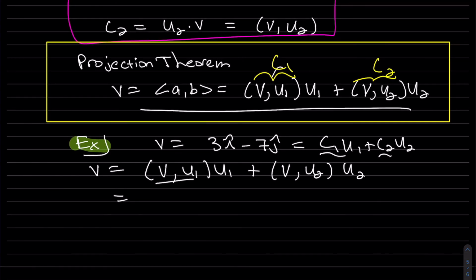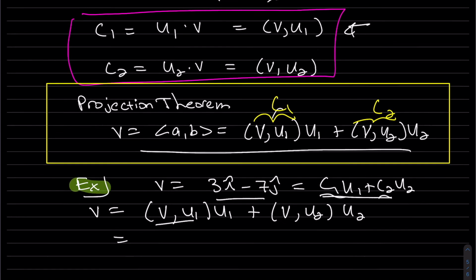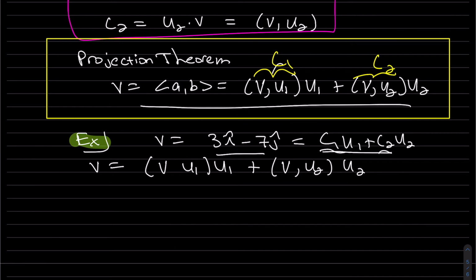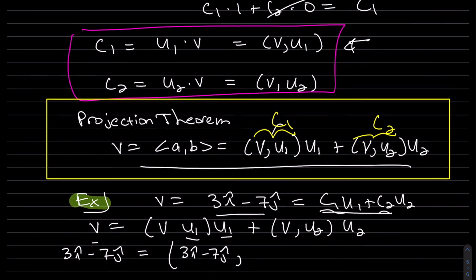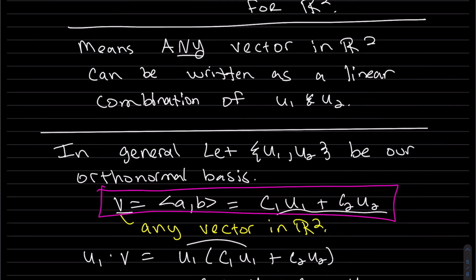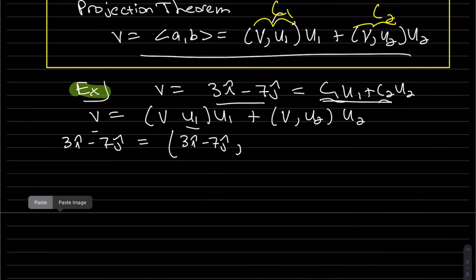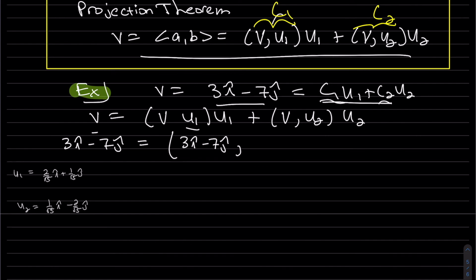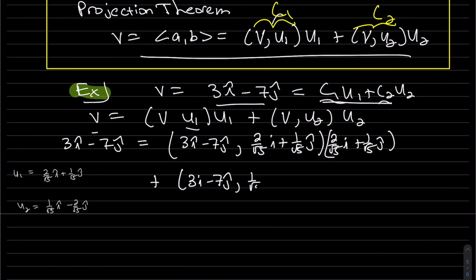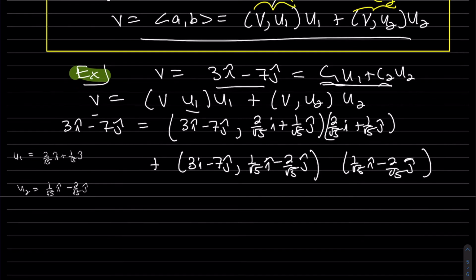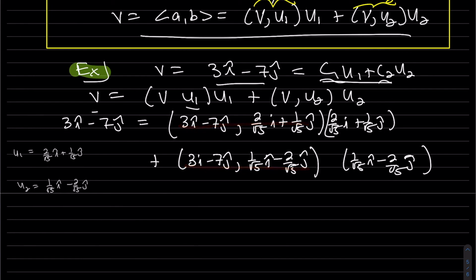So our V, and then our inner product with U1. Remember, U1 is right here. So dot product with U1. These are the inner products, which will give us a scalar. Let's work this out.